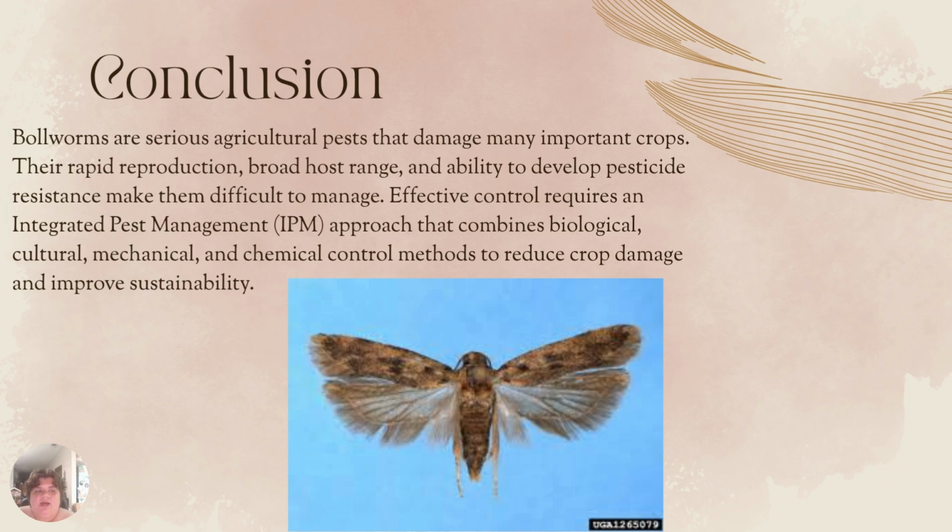So, in conclusion, bollworms are serious agricultural pests. Their rapid reproduction, broad host range, and ability to develop pesticide resistance make them really difficult to manage. And then using an integrated pest management system, an approach that combines biological, cultural, mechanical, and chemical methods to stop crop damage and improve your sustainability is how this is really going to work effectively.